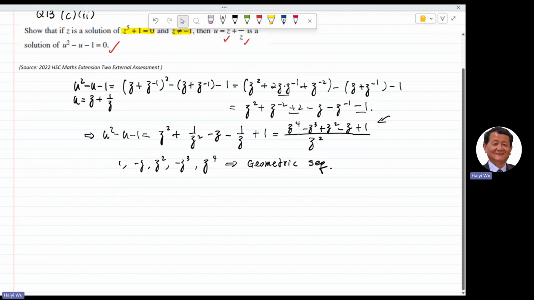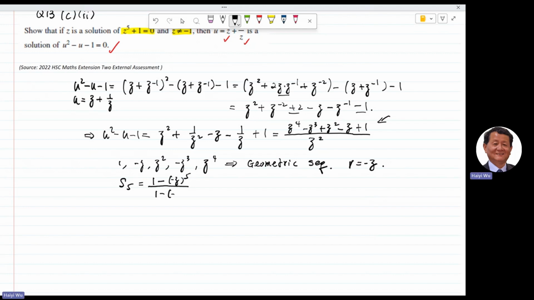Because this geometric sequence has first 5 terms starting at 1, the common ratio is negative Z. So this is the sequence addition, the sum of the first 5 terms. It will be 1 minus negative Z to the power of 5, divided by 1 minus negative Z.